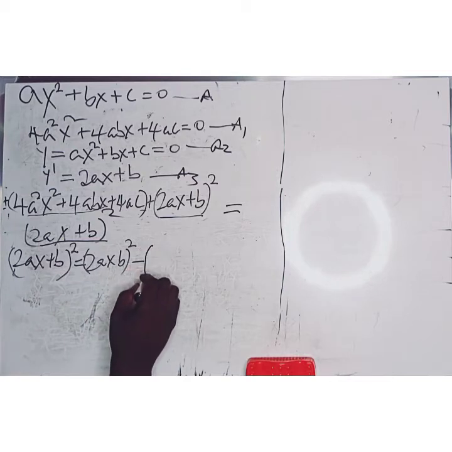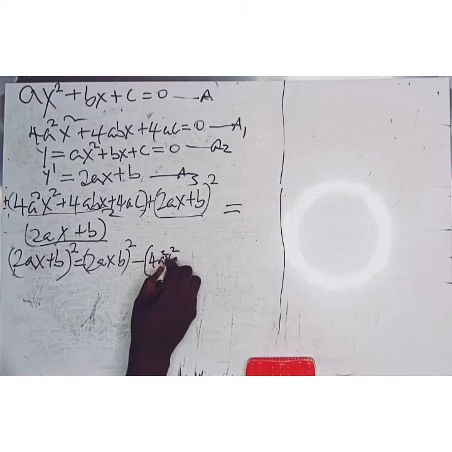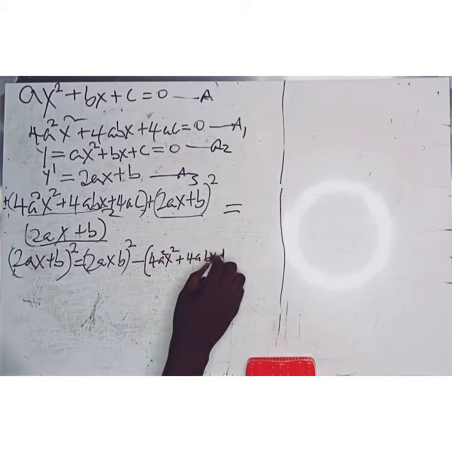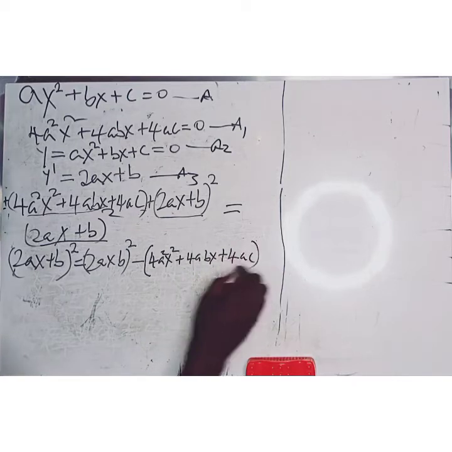So I have minus brackets 4a squared x squared plus 4abx plus 4ac.